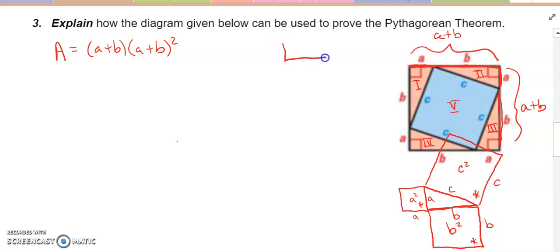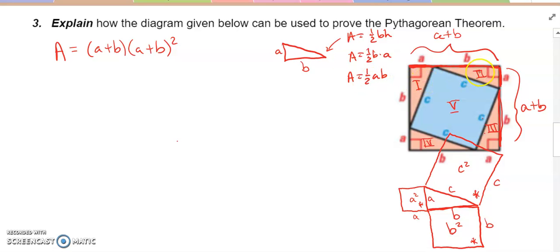They have a height of A, and a base of B. And if I want to find the area of one of them, the area of one of them is going to be 1/2 the base times the height. That's simply how we find the area of a triangle. So the base in this case is B, the height in this case is A. So the area of each one of these is 1/2 A times B if we just rearrange our letters.